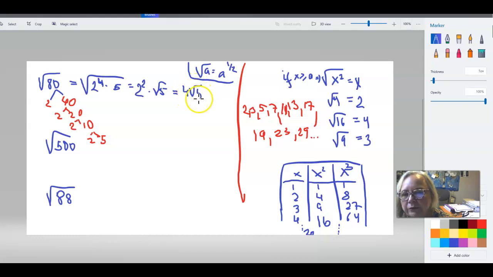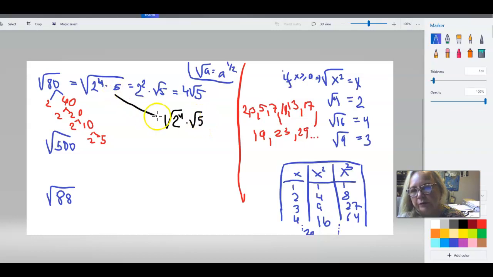Now, it might look a little bit harder than what you expected, but that's the rules of exponents we apply here. We write down 2 to the 4th raised to degree 1/2. Why do we do this? Because this is even degree, we can simplify here.